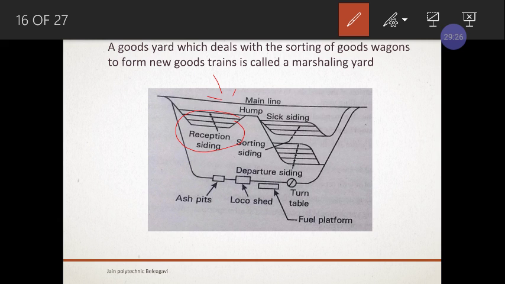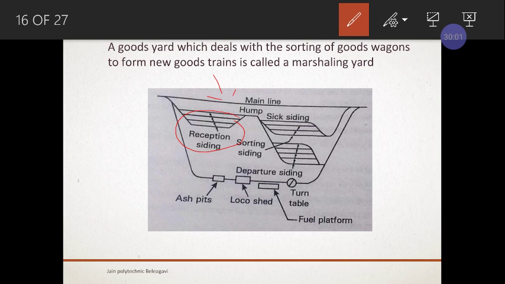Same way in this case also, when there are some trains which are already in the marshalling yard for sorting and arrangements, you have to wait in the reception sidings. So in these sidings, that is the reception area, the trains are brought and made to stand there till the sorting compartment is vacant.